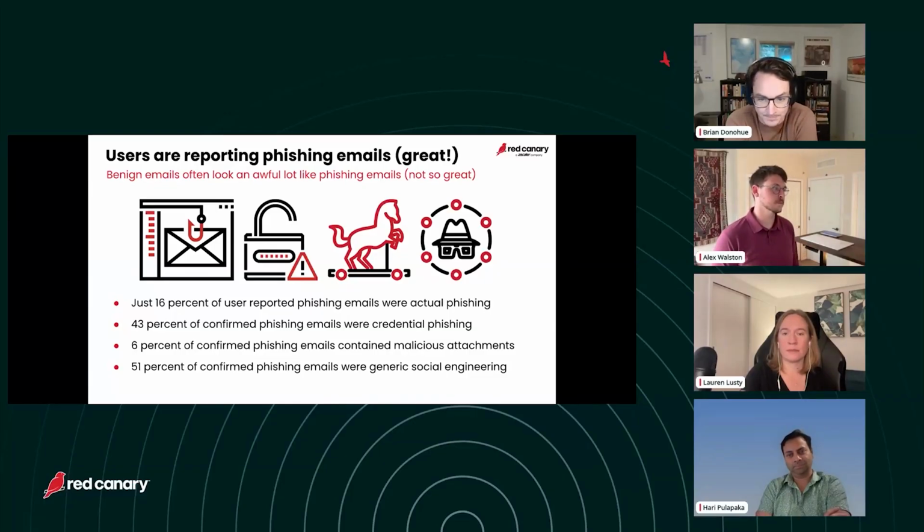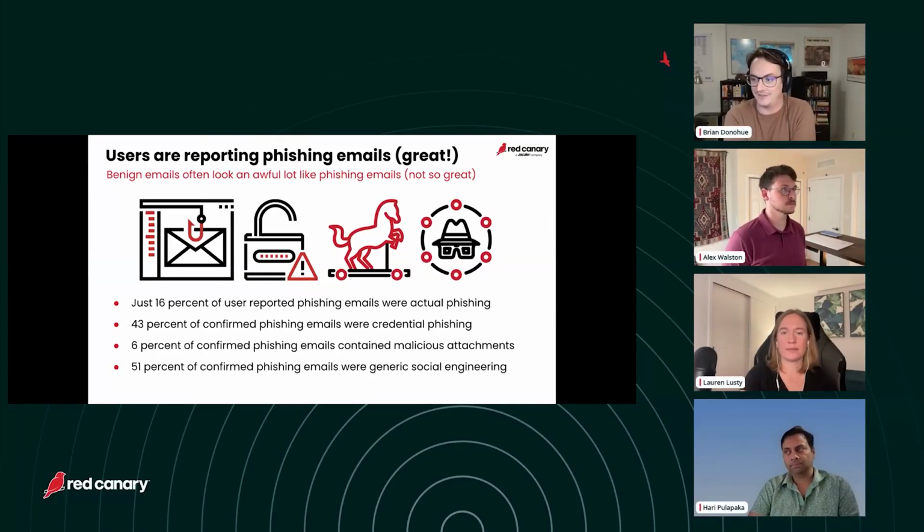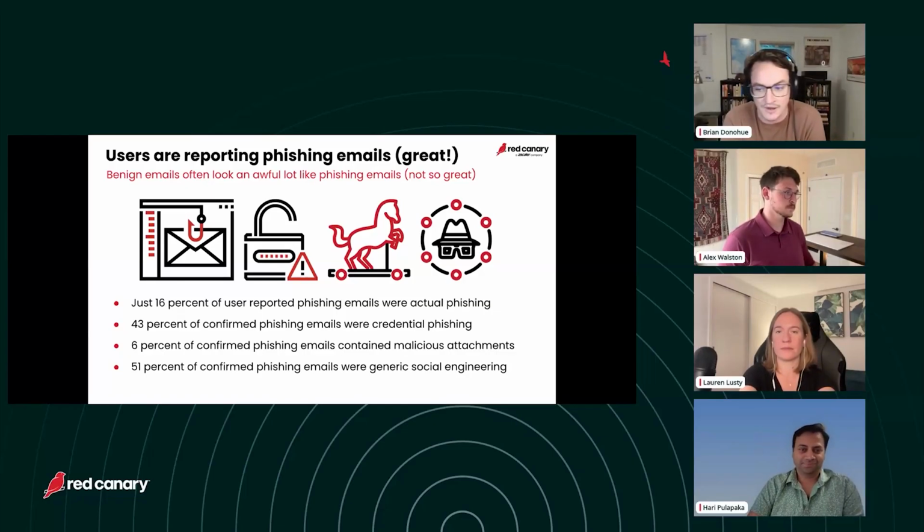So only 16% of the reported phishing emails were actual phishing. Some 84% of what gets reported to us are generic marketing emails that feel and look like phishing, which is an important lesson to take home. A lot of the benign emails we're barraged with on a daily basis look and feel like phishing. So good job by users for reporting what they think are phishing emails.